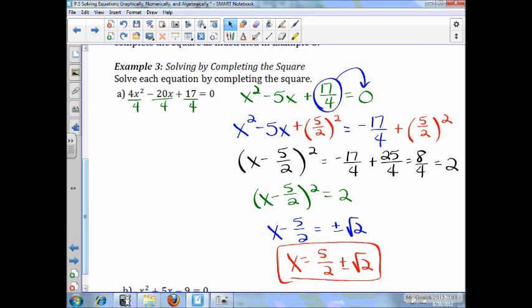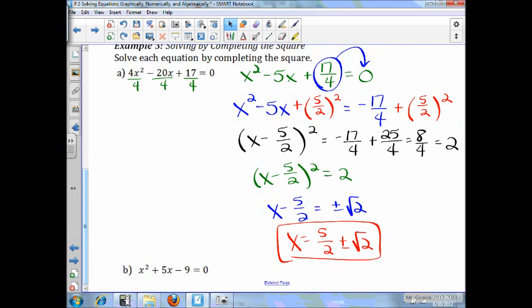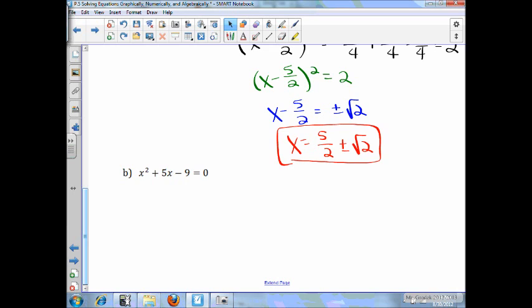Now, if you are confused by this, don't worry. We'll be going through a lot more of these. Part B. We don't have to divide like we did in the original. We just work through. We're going to move this negative 9 to the other side.